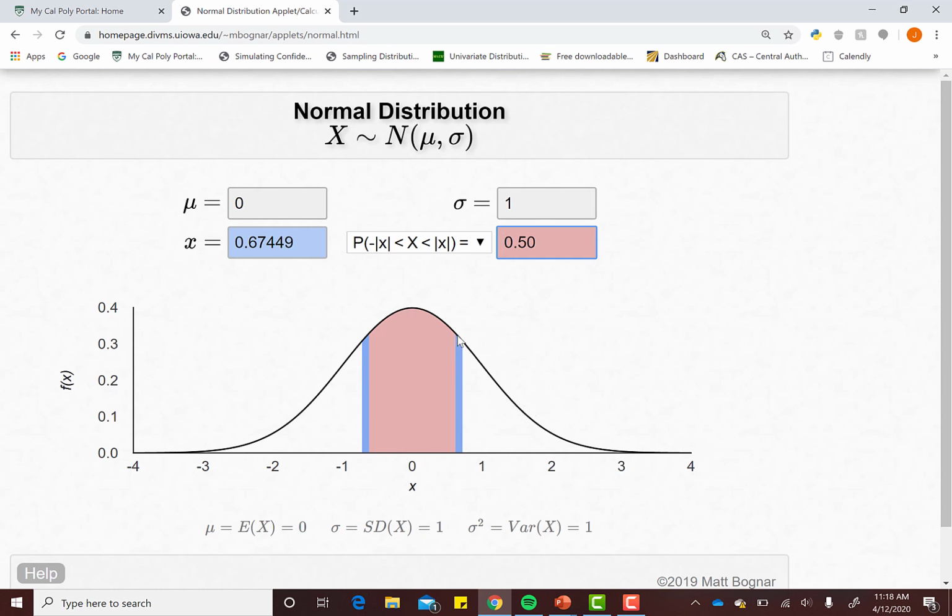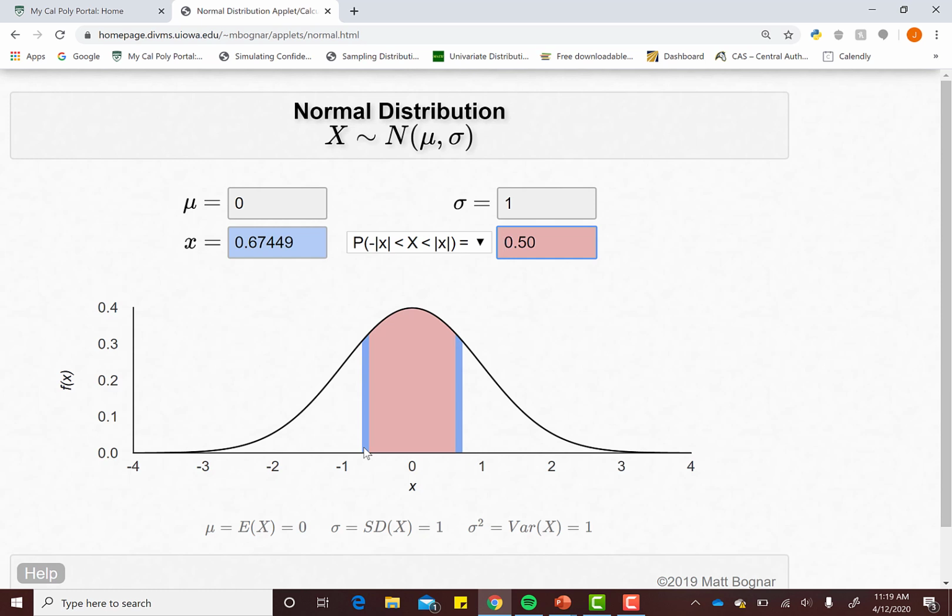If we wanted to talk about this value, positive 0.6745, well, this value is greater than this middle 50%, and it's also greater than this other 25%. So this right blue line, the 0.67, is representing our 75th percentile, bigger than this 50% and that 25%. This blue line, the negative 0.67, is representing the 25th percentile. So when we look at the 25th percentile and the 75th percentile, that's giving us the central 50%.